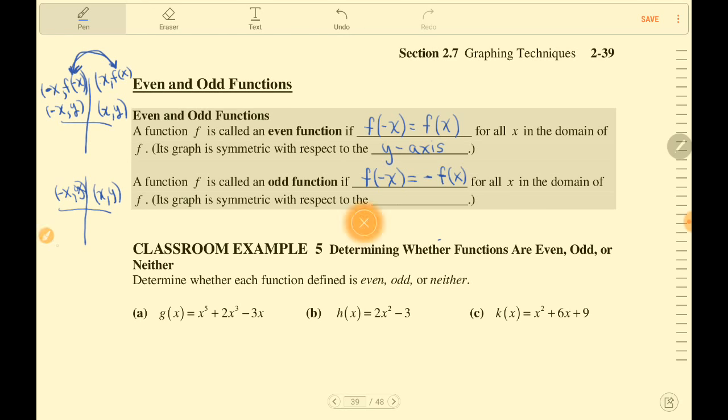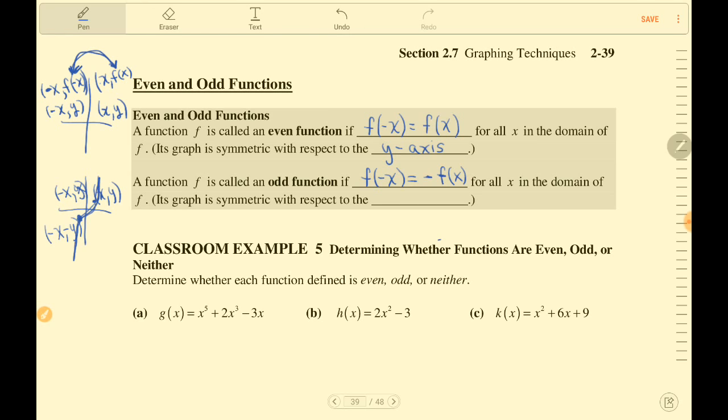Instead, we get almost the same location, except it's on the opposite side of the x-axis. So what happened is we're actually symmetric to the origin. You flipped it upside down, and you flipped it like turning a page, and then you were over here in this quadrant.